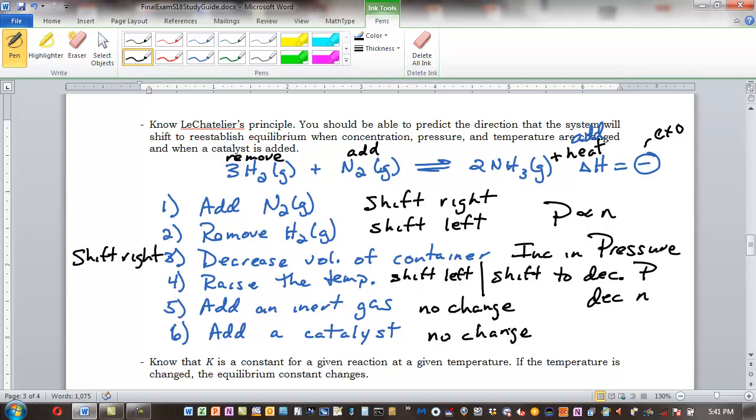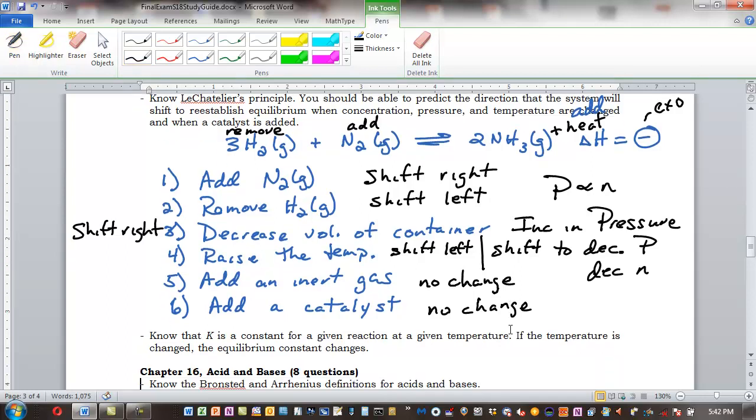Now the catalyst will speed up the reaction. You will get to the equilibrium position faster, but you're still going to get to the same equilibrium position. Okay, because remember, a catalyst doesn't change your reactants and products. You still have the same reactants, you still end up with the same products. So the equilibrium position will be the same. You just get there faster.